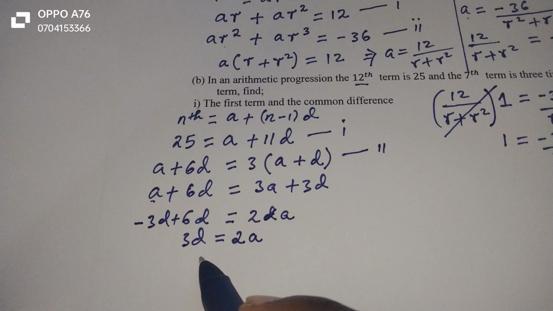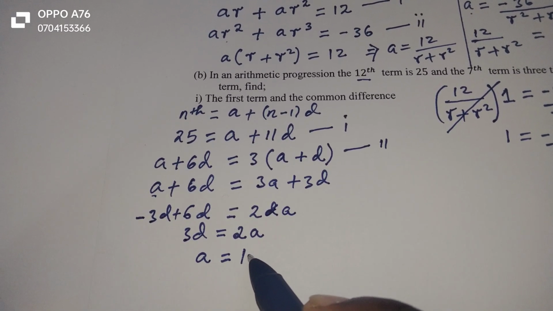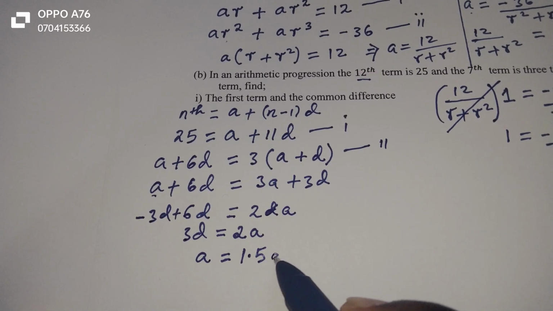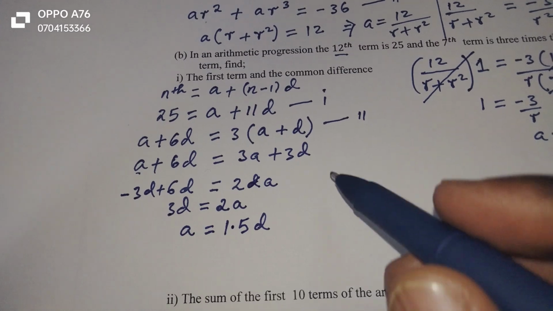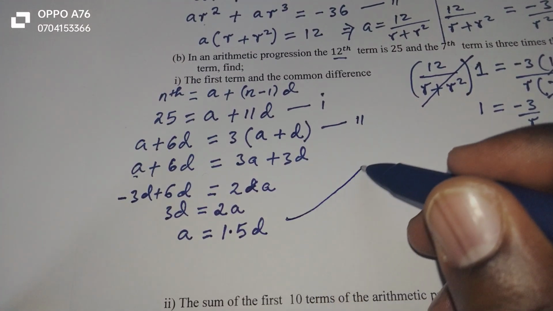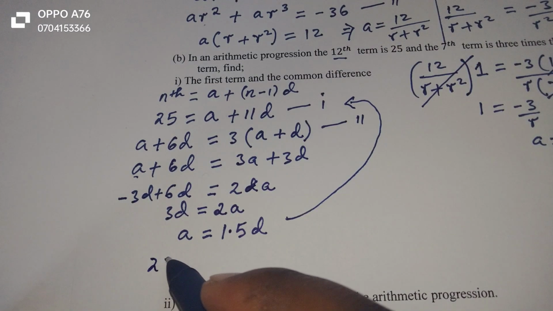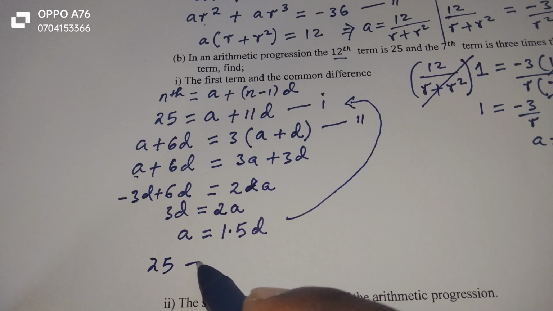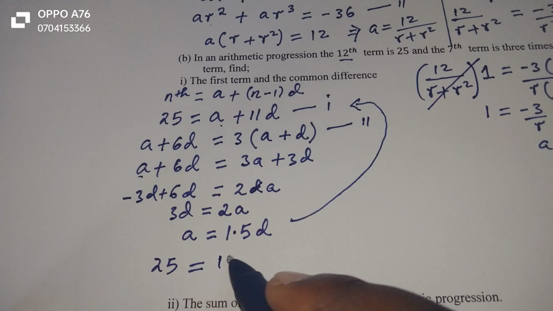This means the value of A can be simplified to 3 out of 2, that is 1.5D. So now that we have simplified the second expression, we can substitute it in the first equation here, whereby we will say 25 equals to, instead of A now, we write 1.5D.